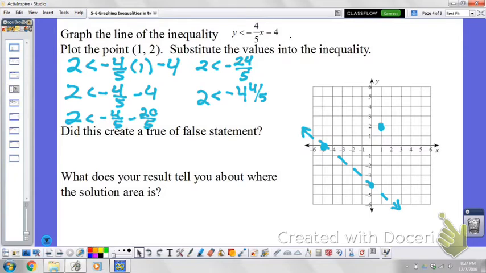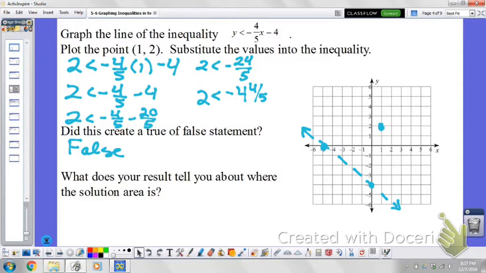So, is this inequality true or false? Did this create a true or false statement? The question is, is 2 less than negative 4 4/5? And that's false. 2 is positive, definitely not less than a negative number. So that created a false statement. So since that created a false statement, what does that result tell us about where our solution area is? Remember, when we're graphing these inequalities, we're trying to find the points that are going to make our inequality true.